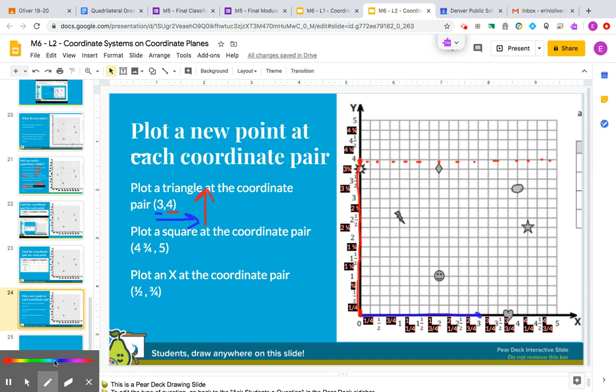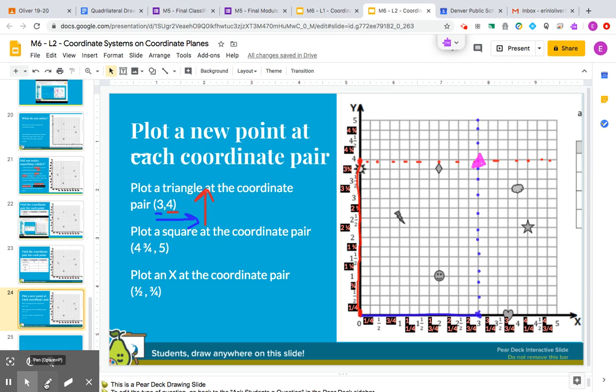And I'm going to go back to my x and see x equals 3. And I'm going to see where these two lines meet. And it looks like they meet right here. So I'm going to draw a triangle at this point. Boom. I have my triangle that I've drawn at x equals 3 and y equals 4. We went over 3, up 4.